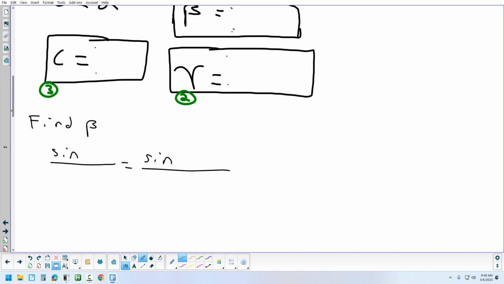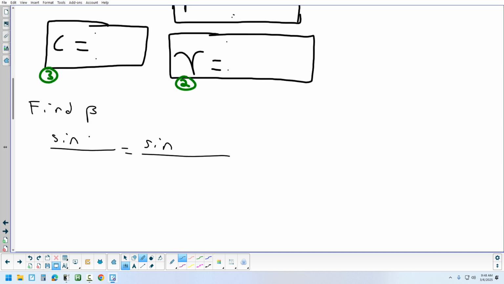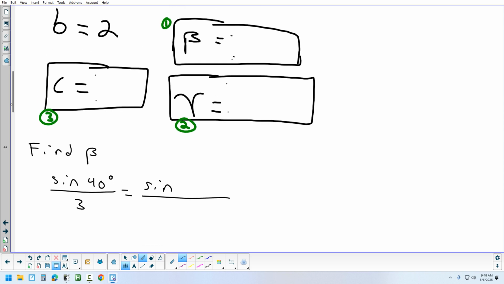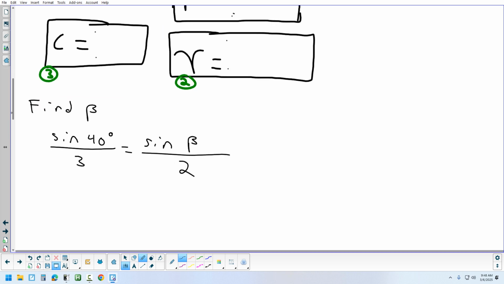What's going to go on the left side? Sine alpha over A, which would be sine 40 over 3. Yep, sine 40 over 3. And what's going to go on the right side? Sine beta over B, or sine beta over 2. Okay, before we go any further with that, I want to just look at it. Can somebody tell me what is different about that? Yep.